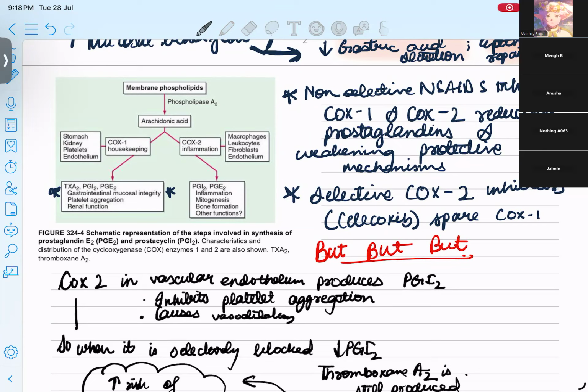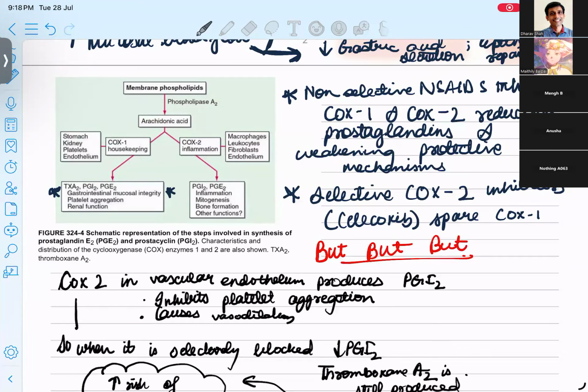So COX1 pathway is for housekeeping. It is secreted in stomach, kidney, platelets, and endothelium. And COX2 is related to inflammatory properties. So it's secreted in macrophages, leukocytes, fibroblasts, and endothelium.